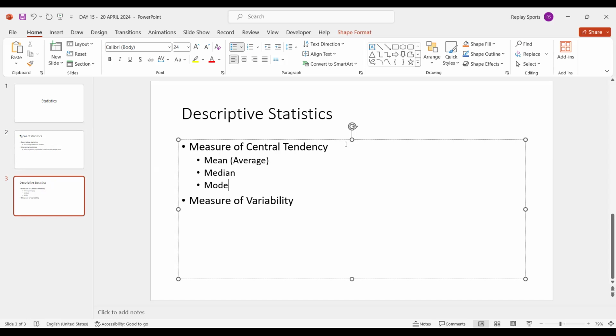Now, what do these mean? Let's first understand the meaning of it, then we will understand the significance of it. Once we do central tendency, then we will go to variability. So I'm opening an Excel file. Give me a second.